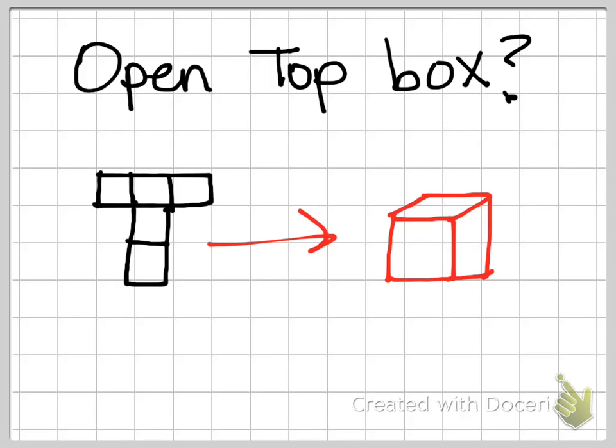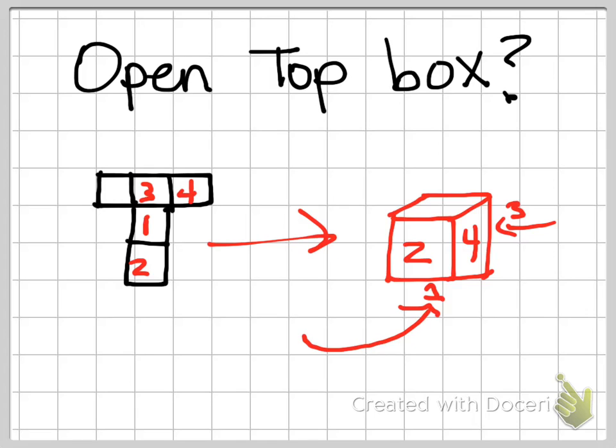Now I'm going to number each side so you know where each side belongs when I fold this box together from the pentomino T. So number 1 would be at the bottom. And then number 2 would be the front side. And number 3 would go across from 2 to the back side.